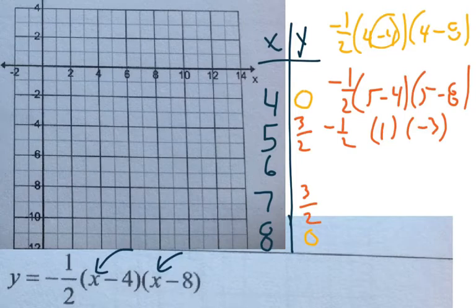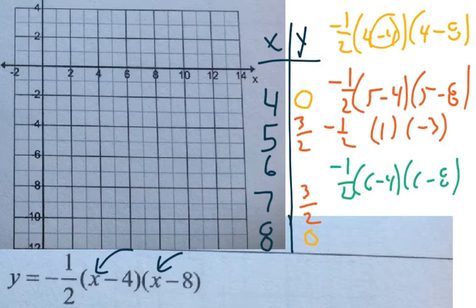Okay, only thing left to do is my vertex, right? I'm going to plug in the 6. Negative 1/2, 6 minus 4, 6 minus 8. I'm going to get negative 1/2 of 2 times a negative 2 together. That gives me a positive 2.